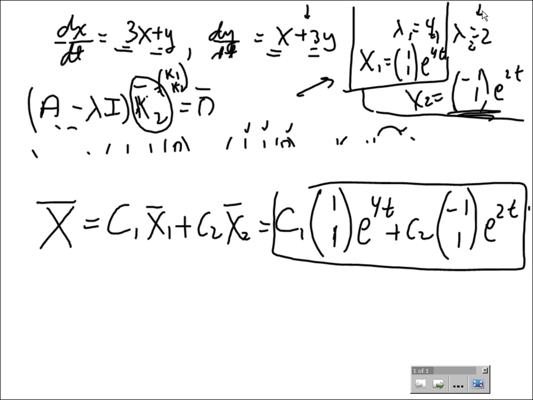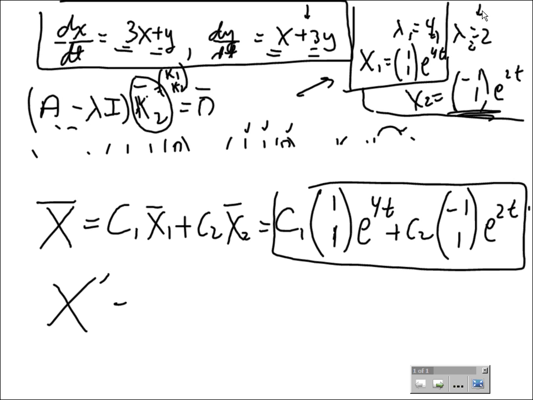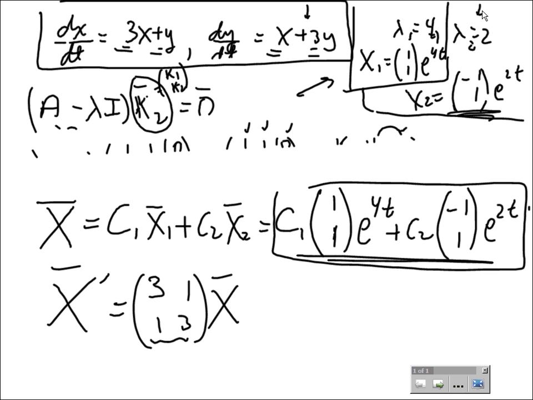Now, what does it mean that x is equal to that? Well, with respect to the initial conditions, we know that x prime is equal to A, 3, 1, 1, 3, times x. If you multiply this by this, you will get the derivative. And for the record, the derivative will be c1 times, well, this is really 1 times e to the 4t.